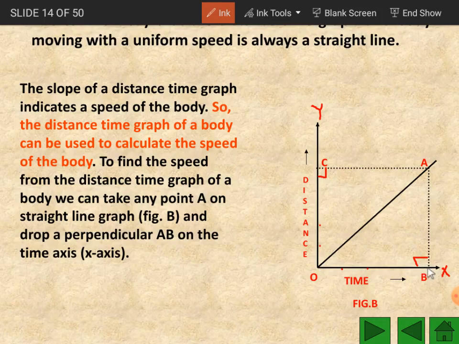At this particular time B, the distance moved from the origin is nothing but OC. That means the distance is OC. So OC divided by OB, we will call that speed. So speed is nothing but distance divided by time.